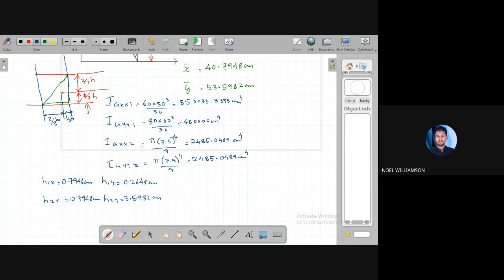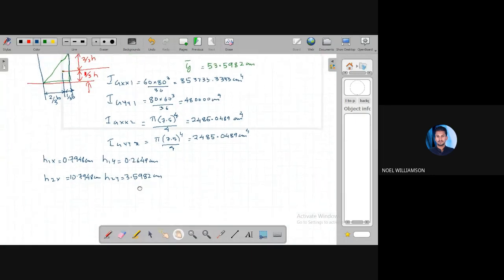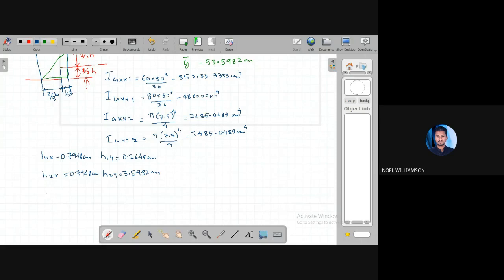Now the final relation, that is IGXX, because it is the moment of inertia about the centroidal x-axis.